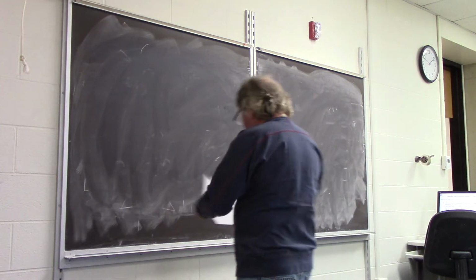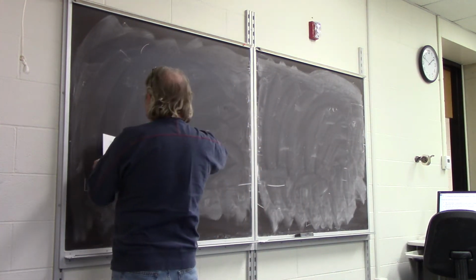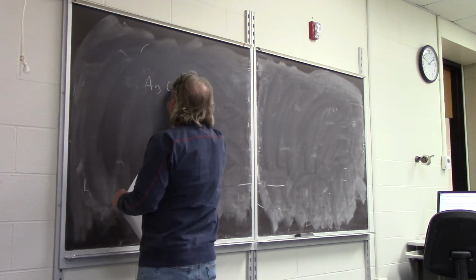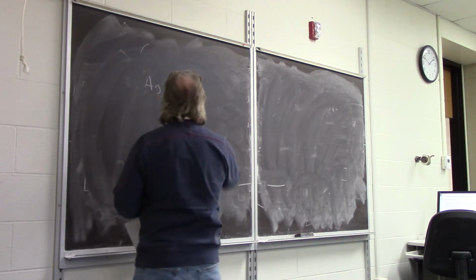So I am going to first of all set up the table. So silver chromate is AgC. What is chromate?